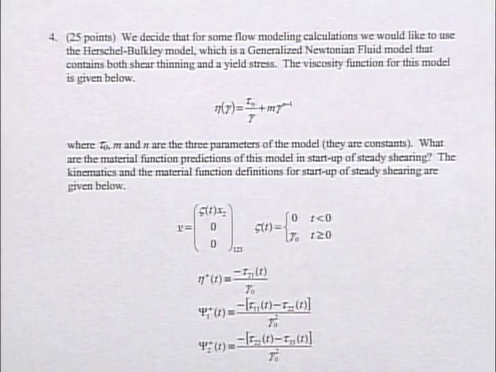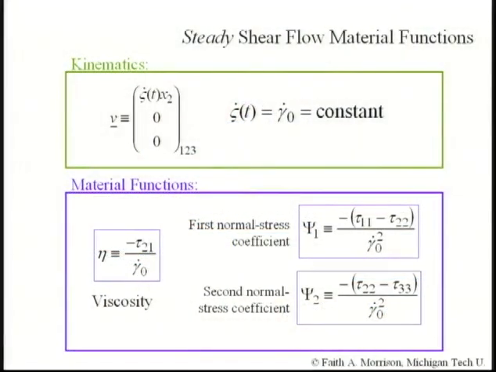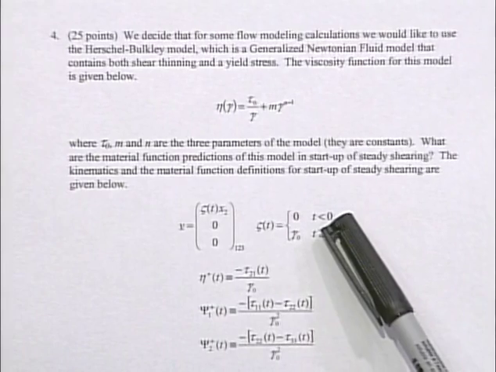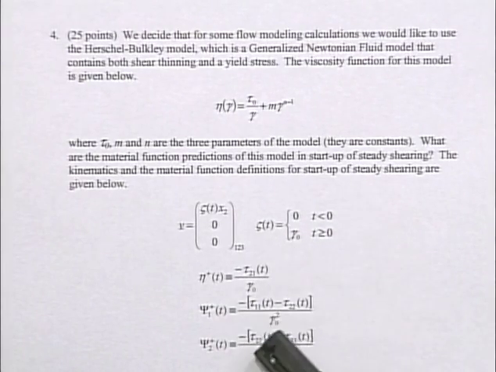So these are the same material functions that we've seen before, like the slide I'm showing here for steady shear flow, only the one for startup. The difference being that there's this time dependence to the sigma dot. And then we have these usual predictions for eta plus, psi 1 plus, and psi 2.